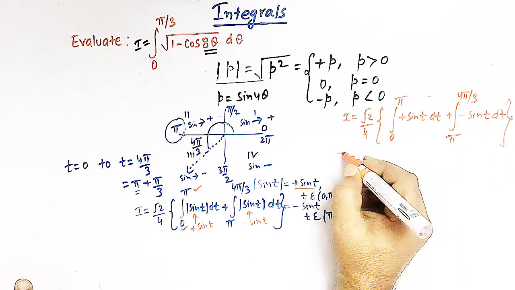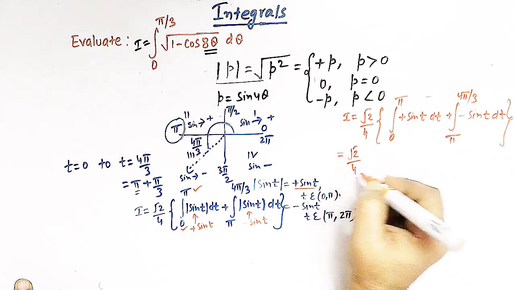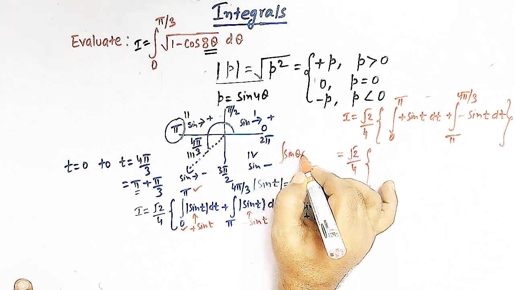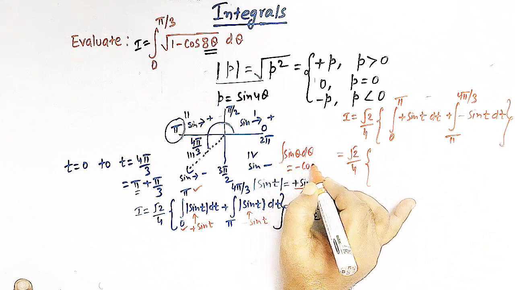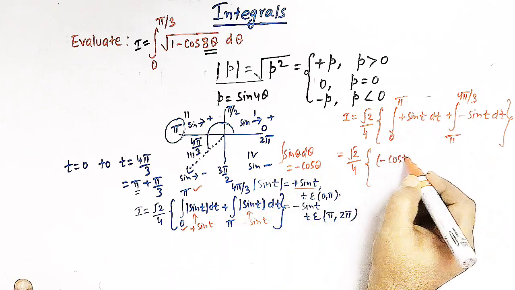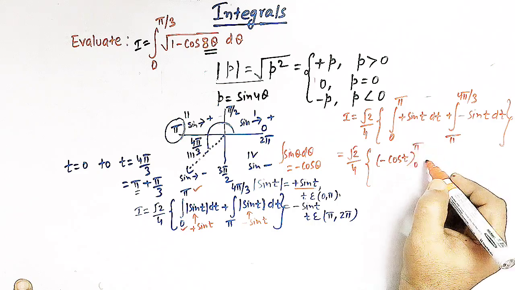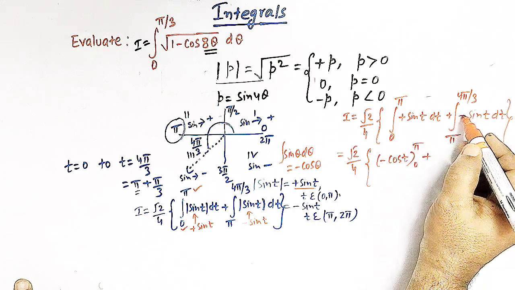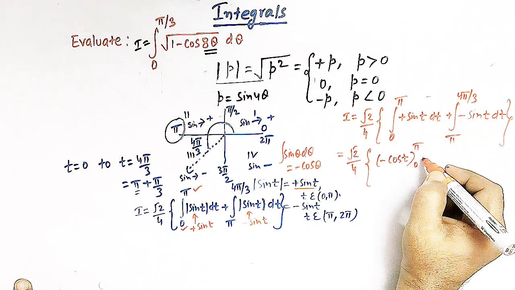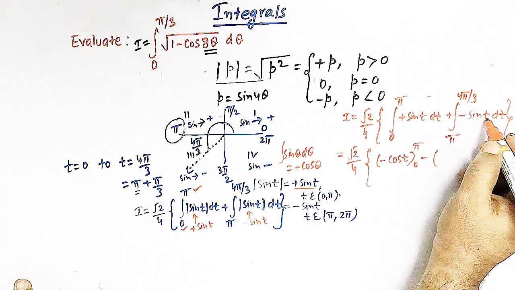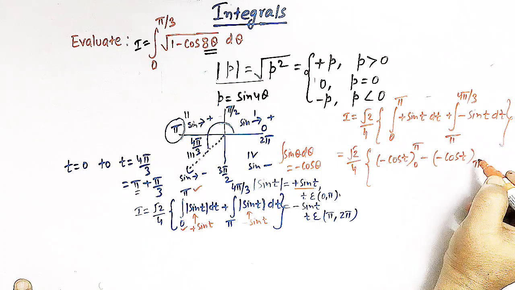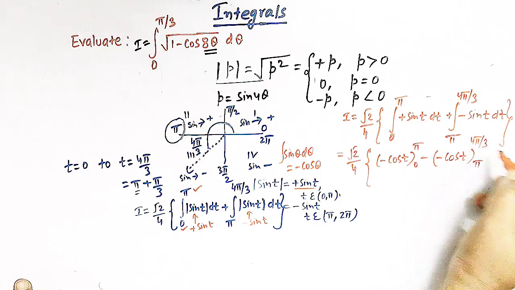So now we have two simple integrals, and here the integral of sine theta d theta is equal to negative of cos theta. So here we have minus cosine t, and limits are from 0 to pi, and here we have the negative sign, so we can take this negative sign outside the integral, and the integral of sine t is minus cos t, and limits are from pi to 4 pi by 3.